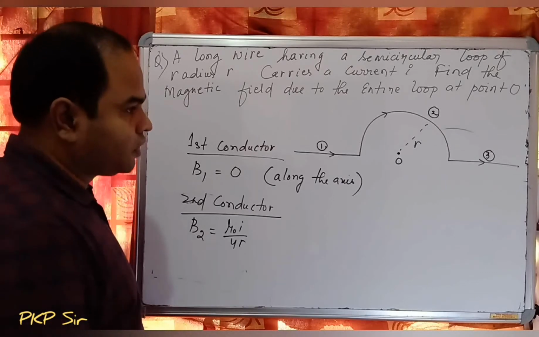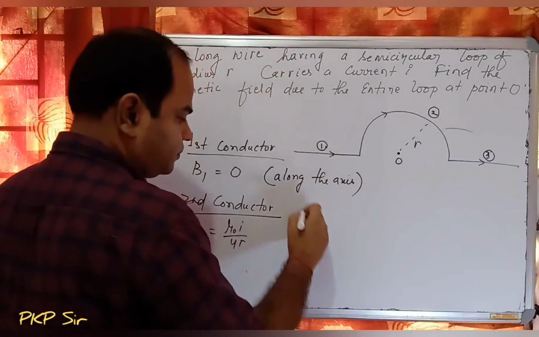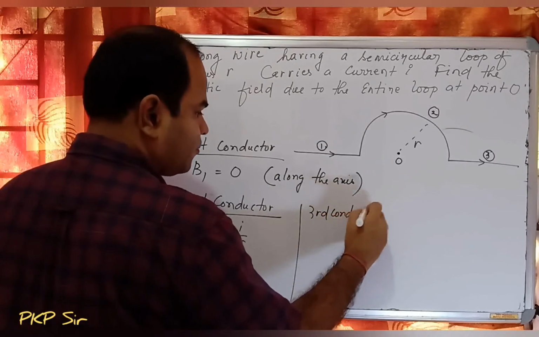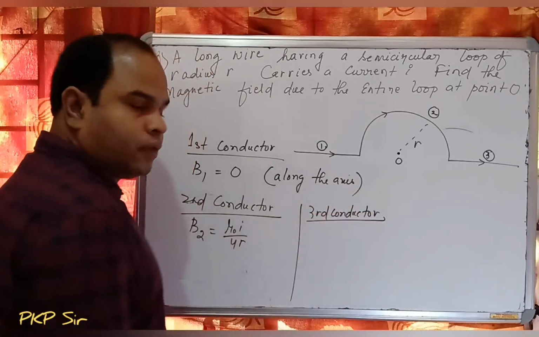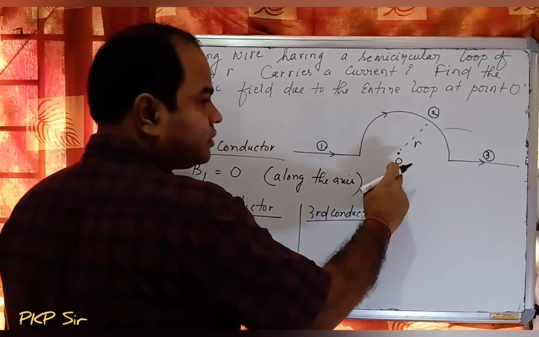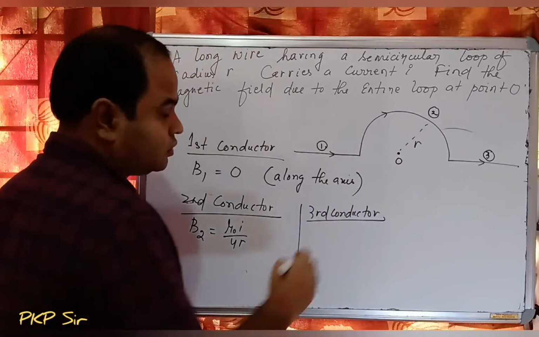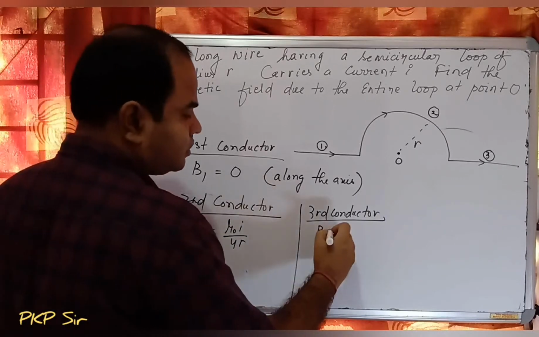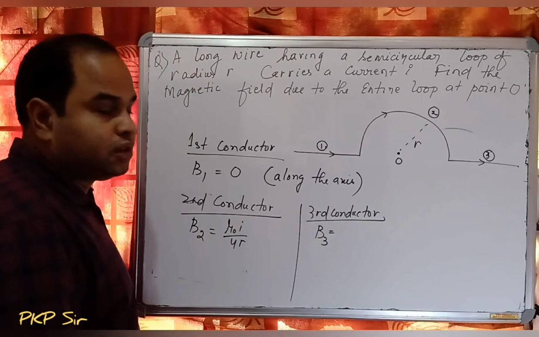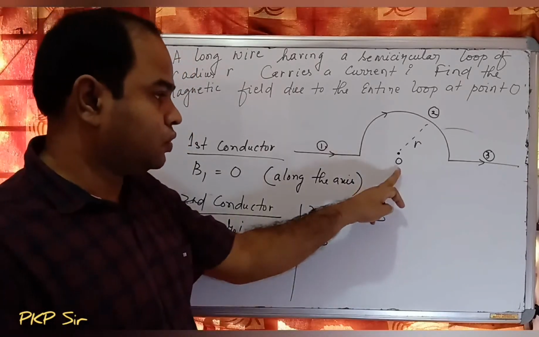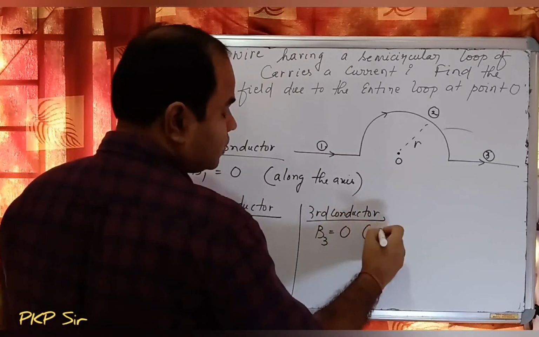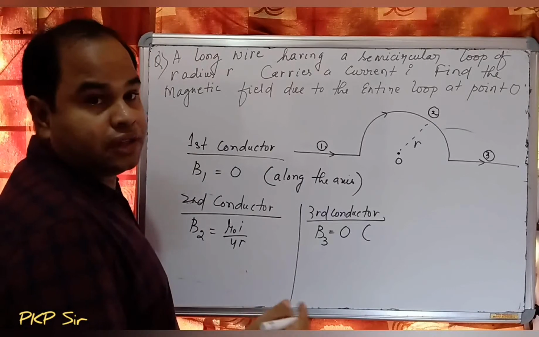Okay. If you take the third conductor, point O lies along the axis, so the magnetic field will be 0. So let us say the magnetic field due to the third conductor at point O is B3. So the magnetic field is 0 because the current flows along the axis.